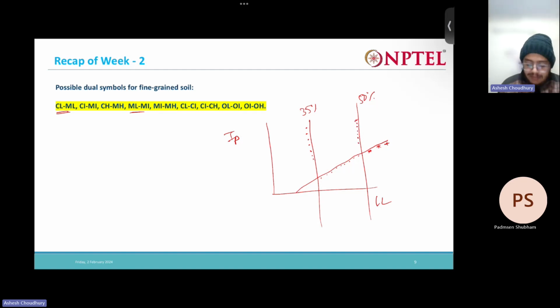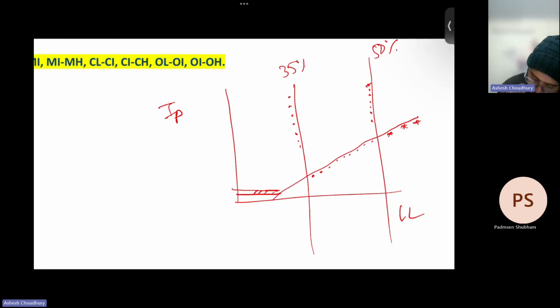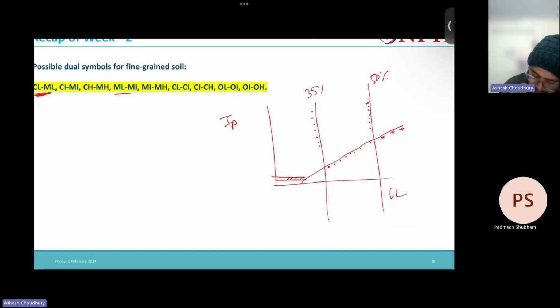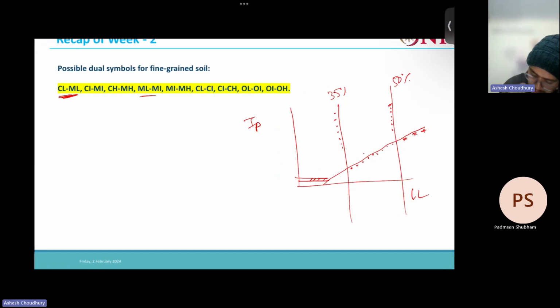So again, I will say one by one. CL-ML in the region that I showed earlier. CI-MI in this dotted portion. Here in this region we will have CI-MI only very near to the A line.